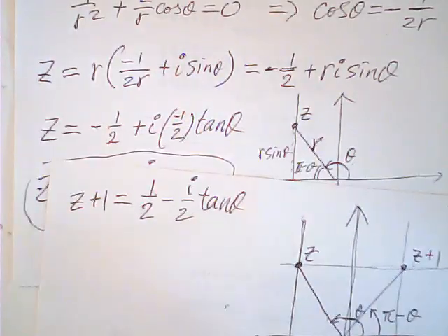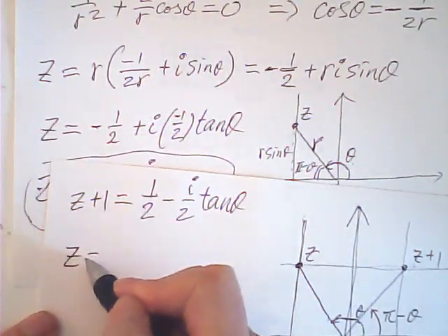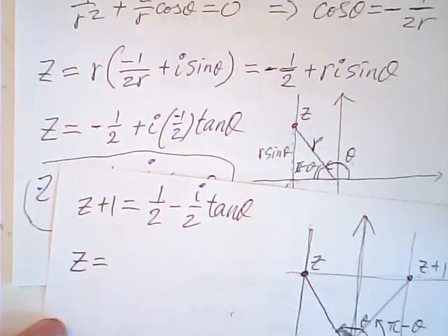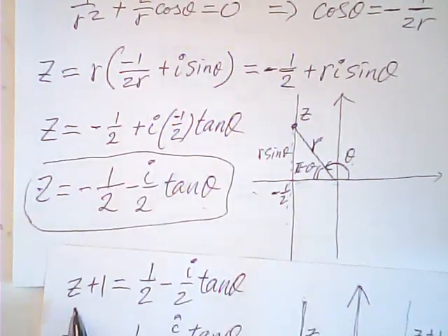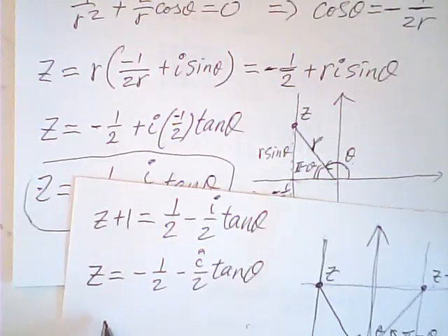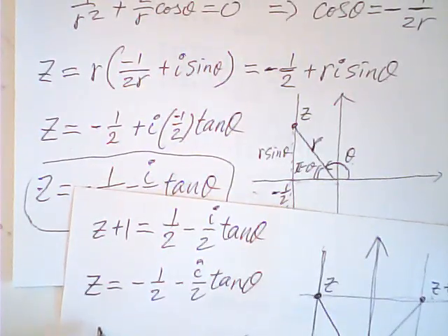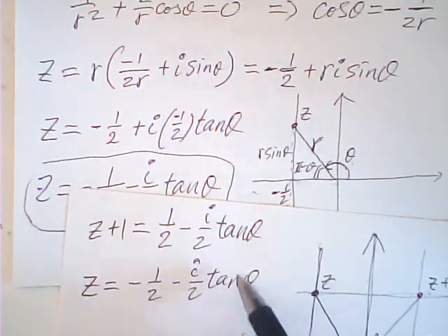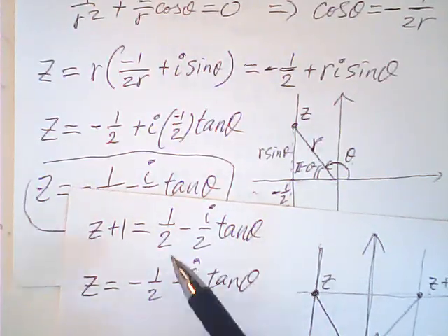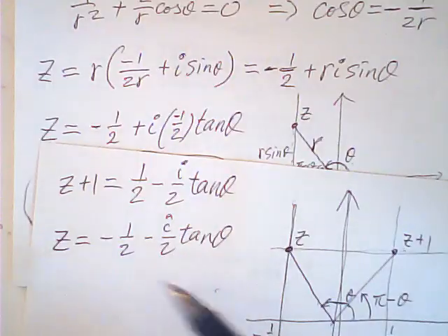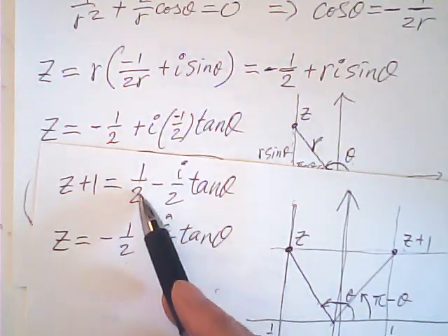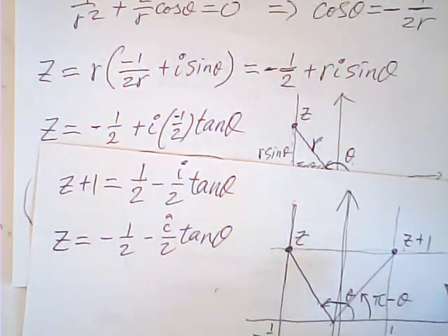Very good. So z is equal to negative half minus. This is z plus 1. This is z. They share the same imaginary part, but differ in real parts. One is a negative half, this one is positive half.